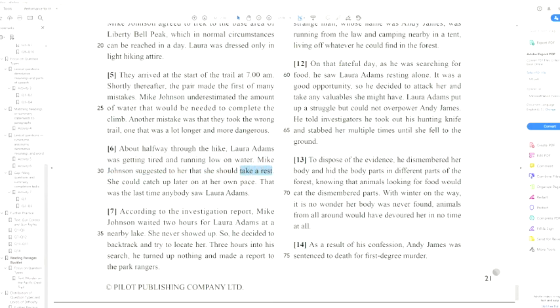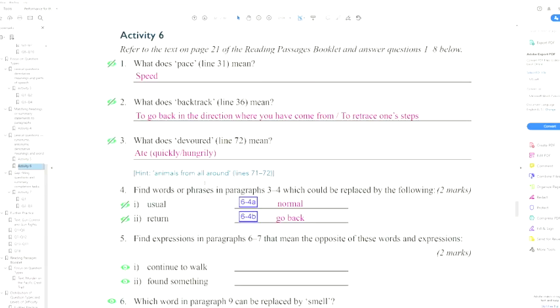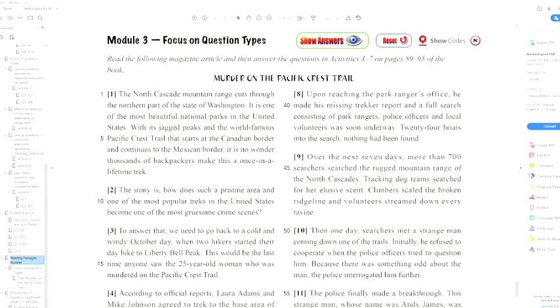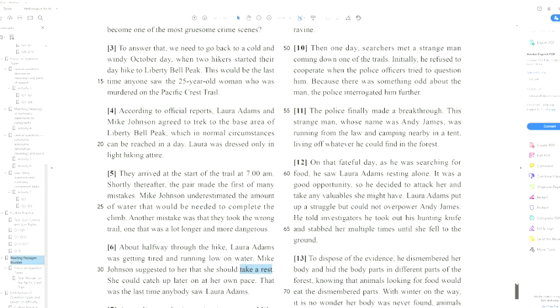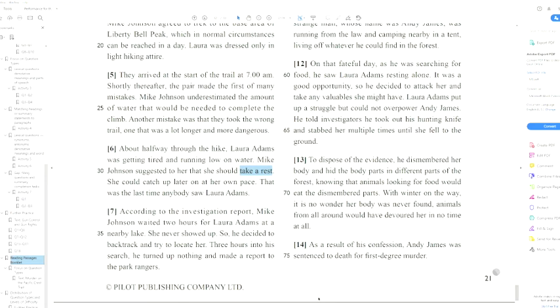That's definitely going to be take a rest. And found something. Let's try to find that. The opposite of this. The opposite of found something. That would be turn up nothing.